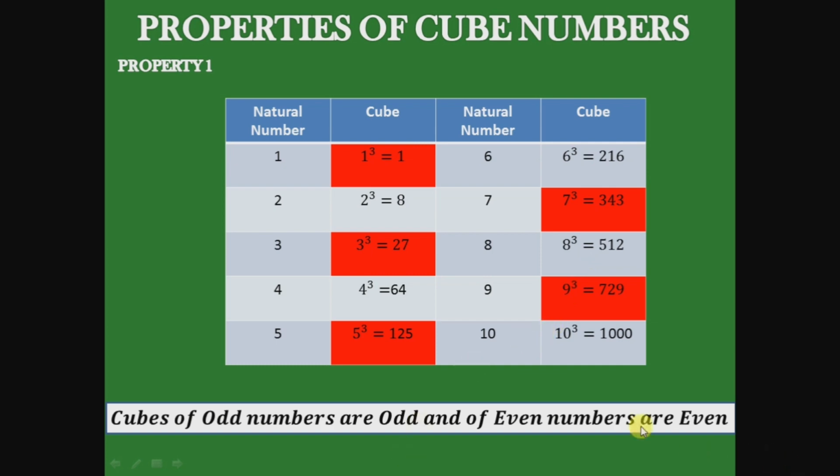And the cubes of even numbers are even. The cube of 2 is 8, which is even. Similarly 4 and 64, 6 and 216, 8 and 512, 10 and 1000 are all even numbers.